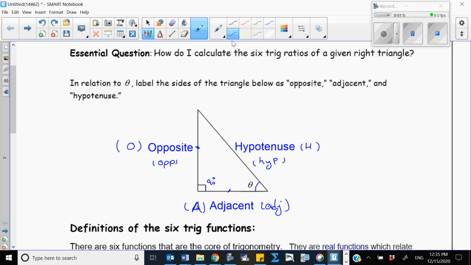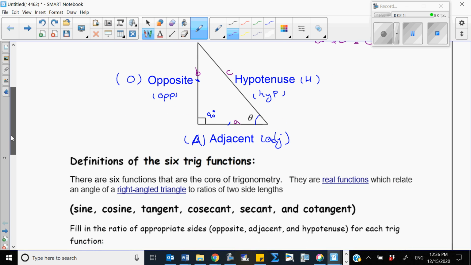So let me call this side A, this one B, and this one C. Then A squared plus B squared is equal to C squared, the square of the hypotenuse. So this is called Pythagorean theorem.